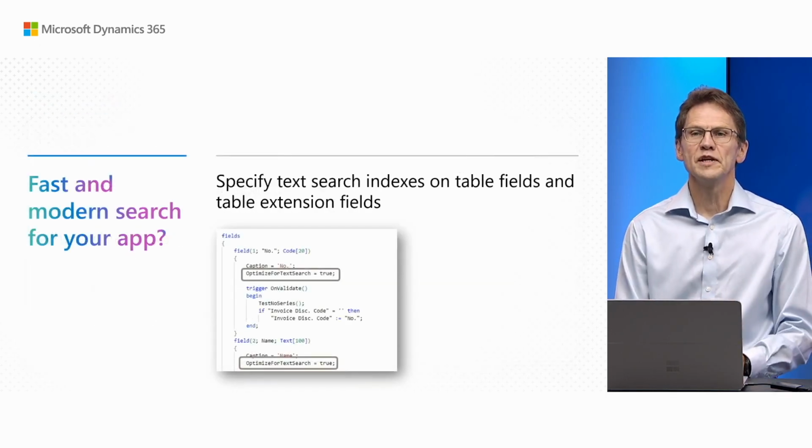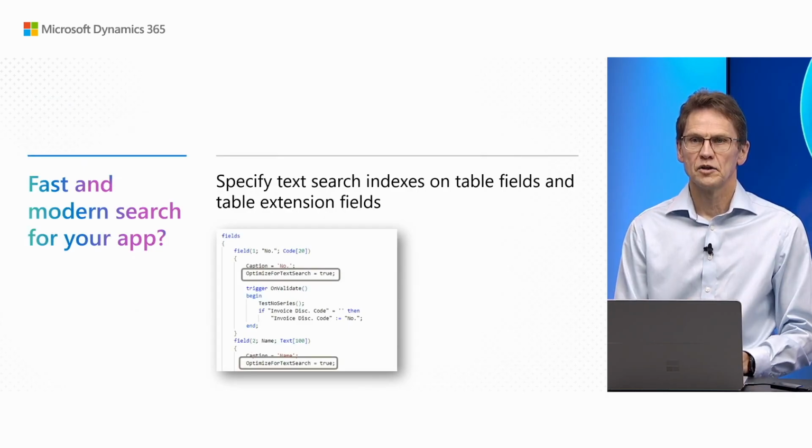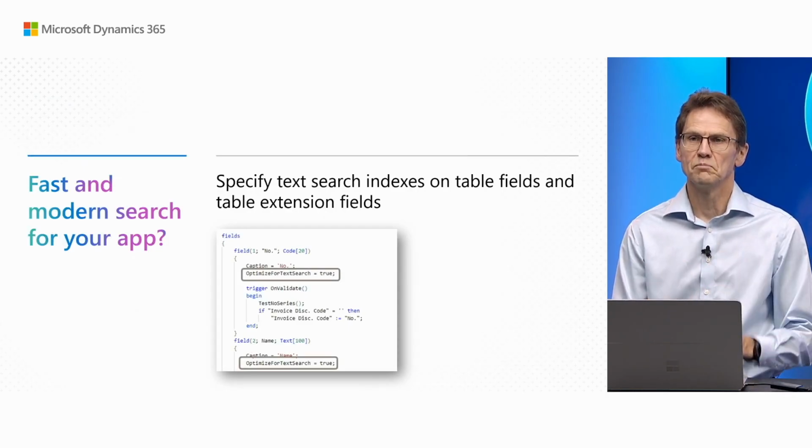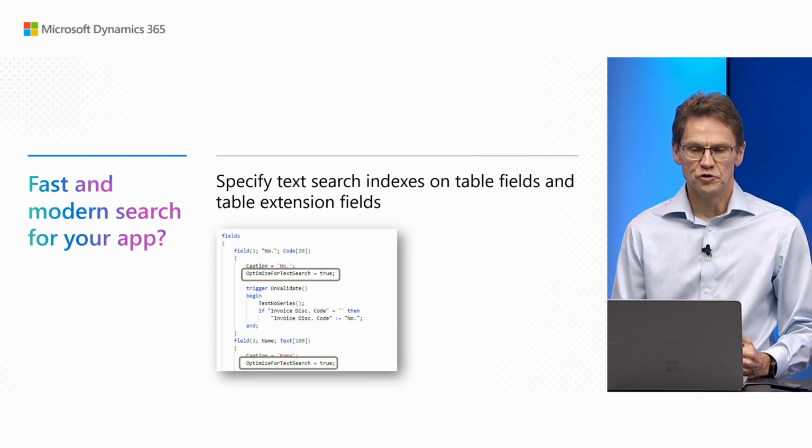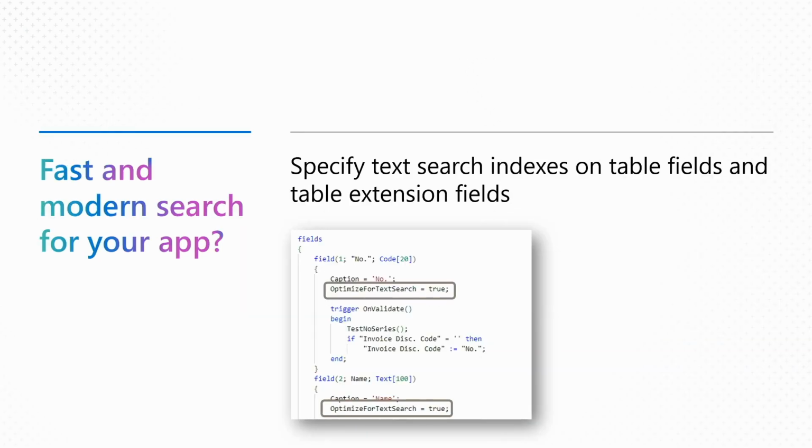The way you enable your data to be searched using modern search is that you use the new property optimized for text search equals true on your table fields. You can put it on your table fields, or you can put it on your table extension fields.